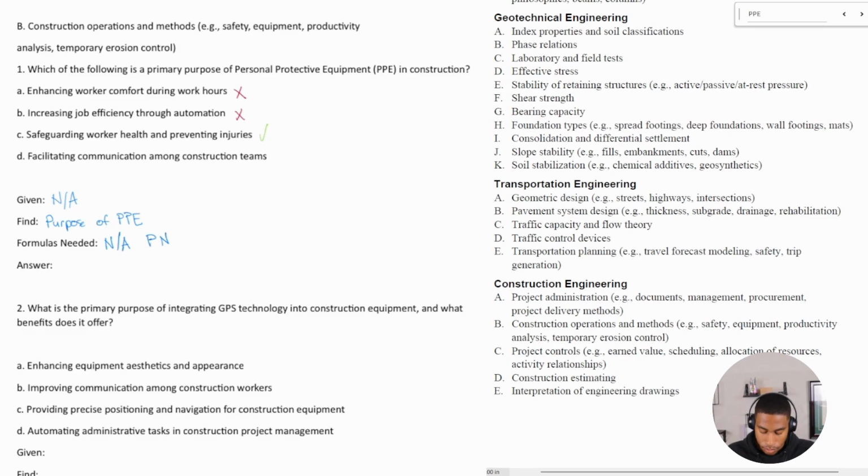And then D is facilitating communication among construction teams. So no, doesn't have anything to do with facilitating communication. So answer is C.